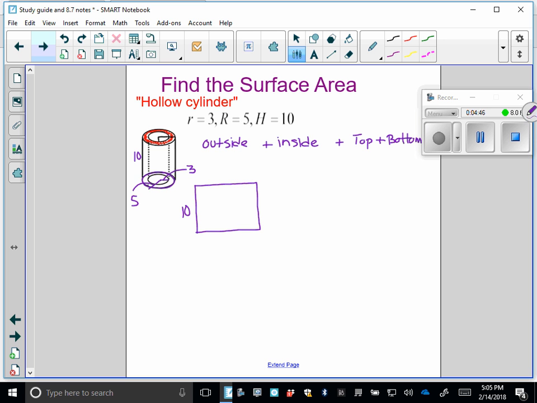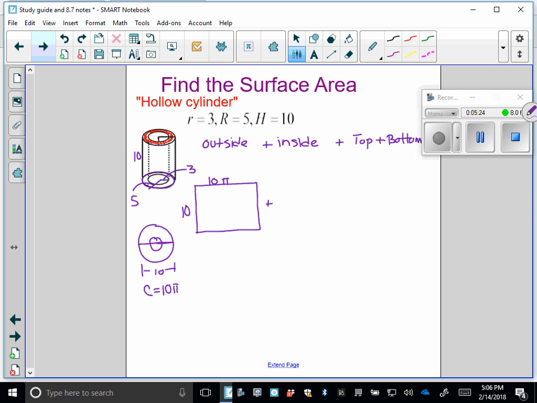And then the circumference is 10 pi, because when we look at the larger circle, the diameter across is 10 units. So the circumference is 10 pi for the big circle.